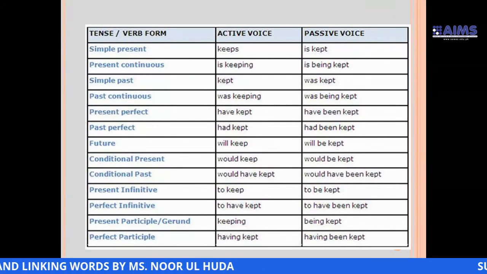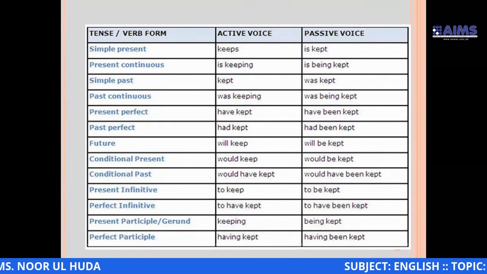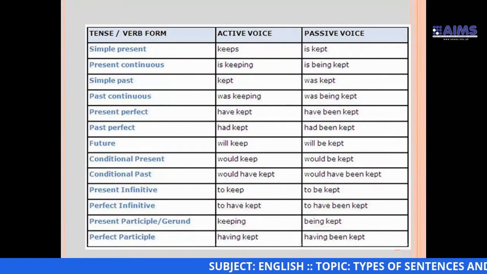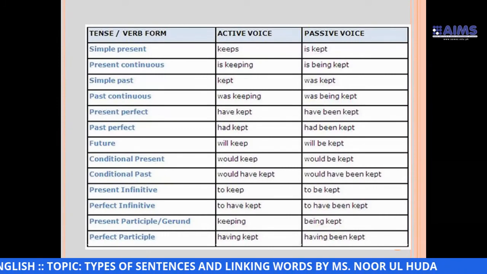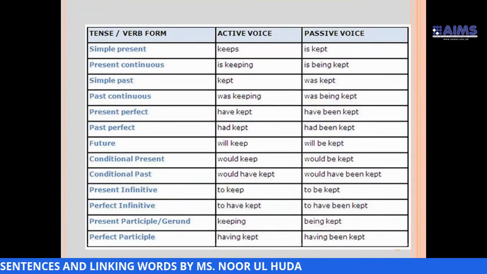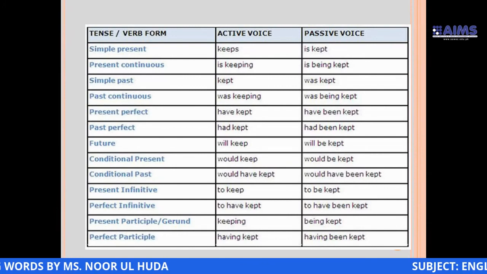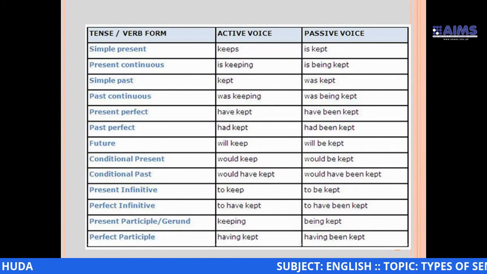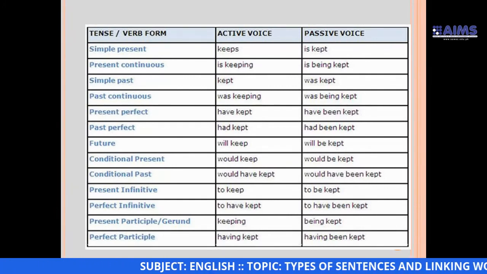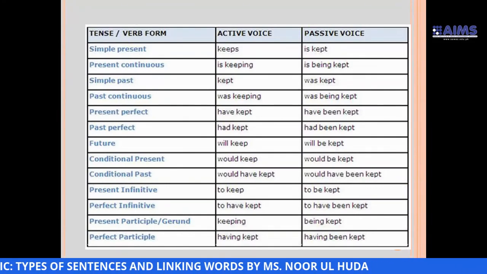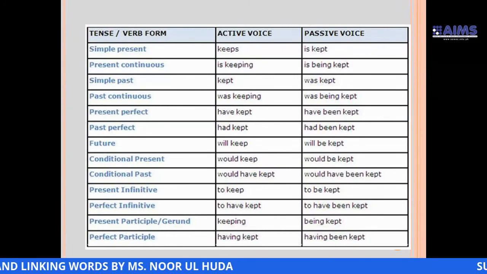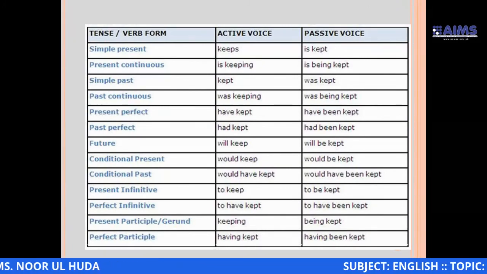Now the past continuous. "He was keeping the secrets." So "the secrets were being kept by him" or "the secret was being kept by him." Now the past form of the continuous is "was being," followed by the third form, the past participle of the main verb. Now the present perfect: have kept.